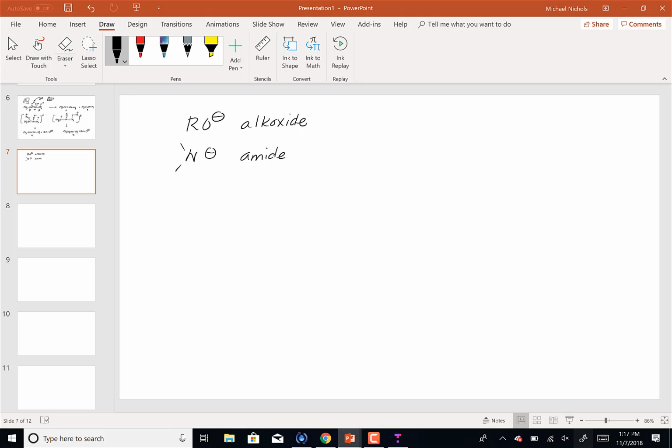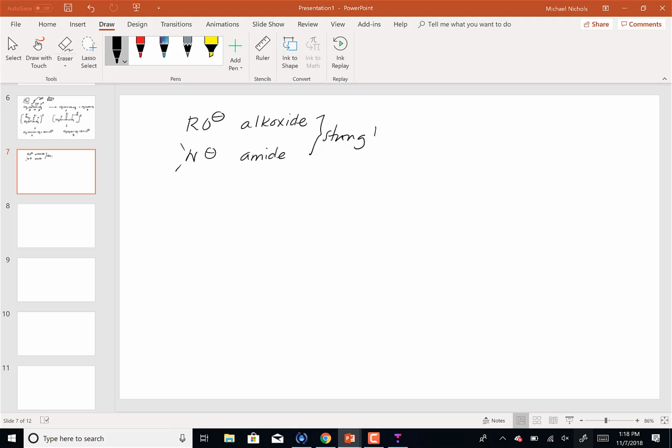This is a different kind of amide, N minus. So these are pretty high on our basicity chart, right? Only thing higher than N minus is a C minus or an H minus. We'll use that next semester. Actually, no, we'll use it this semester, the H minus. So these are strong bases. They're both very strong bases.